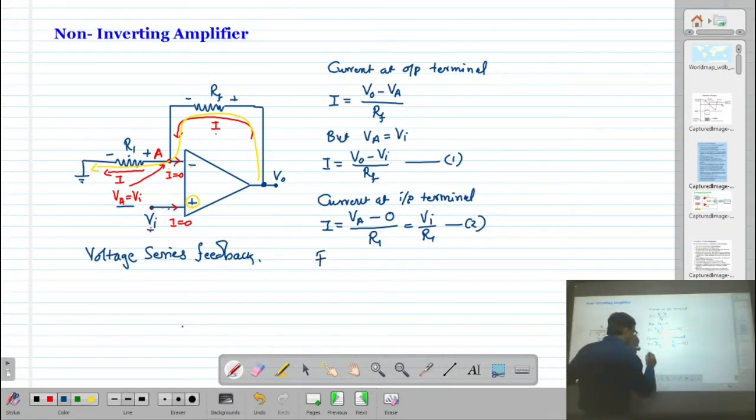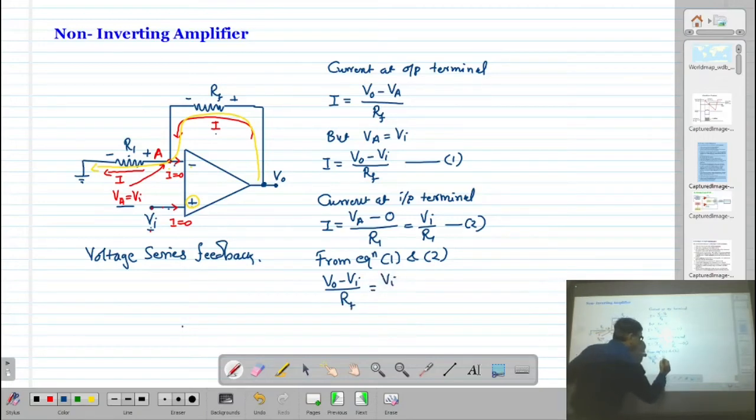Now if we compare both the expressions, you will get the expression for the gain. From equations 1 and 2, we can write VO minus VI by RF is equal to VI by R1.